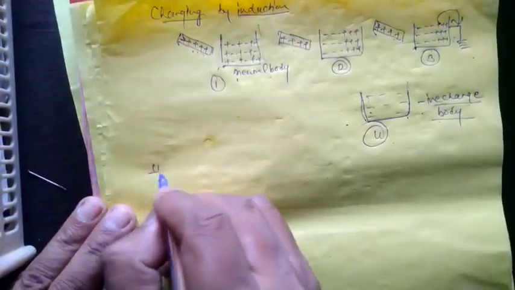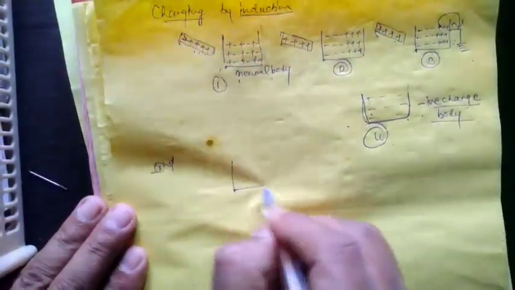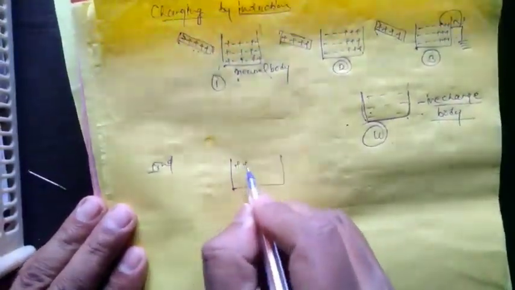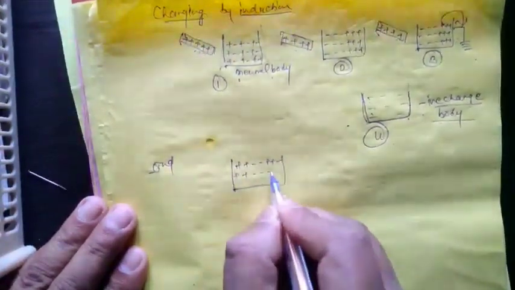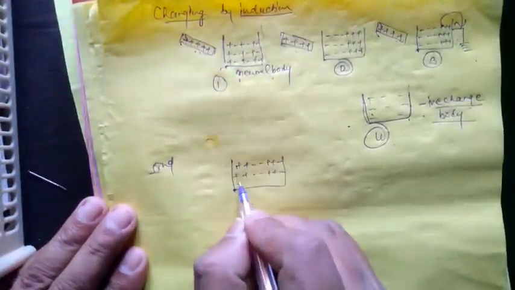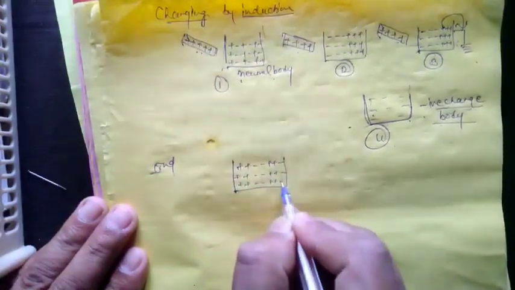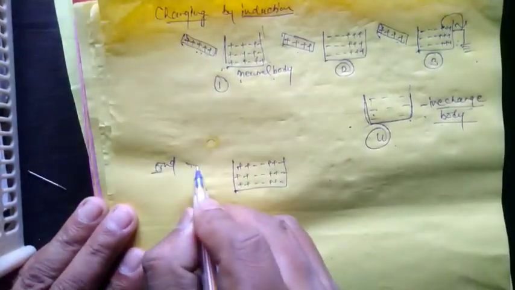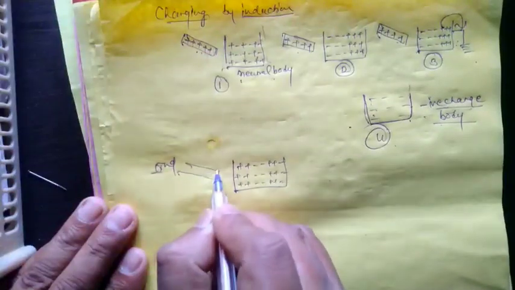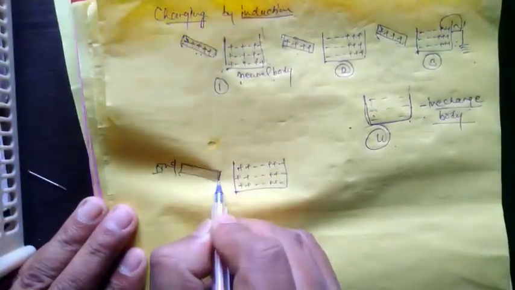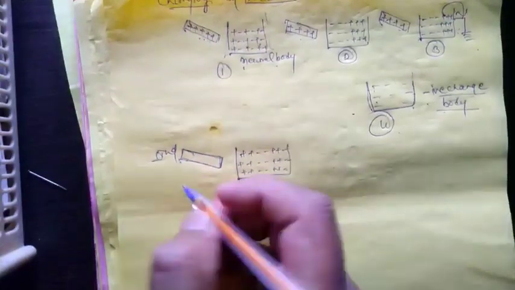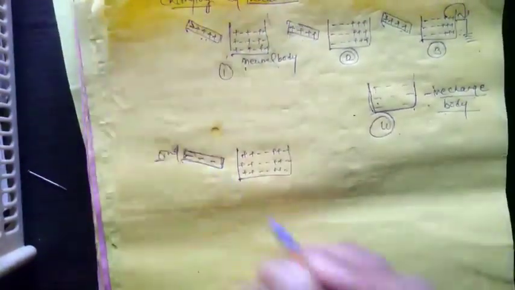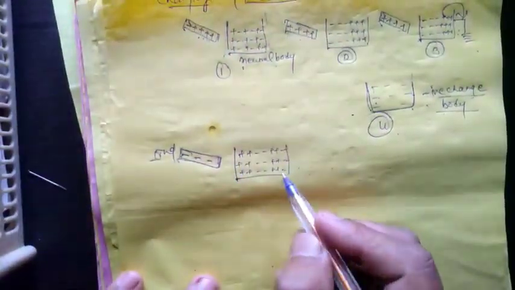And in the second way, again we have a neutral body and an ebony rod, a negatively charged rod, comes near this neutral body.